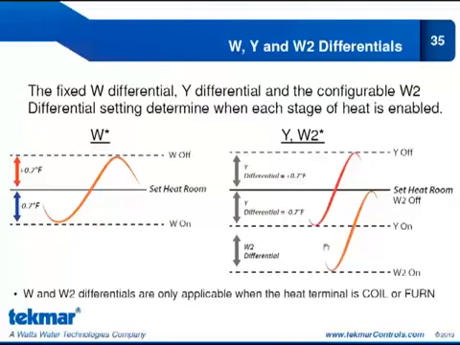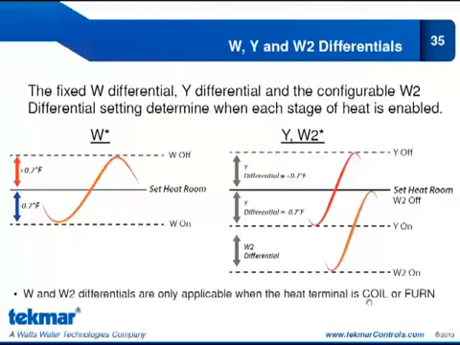Let's look at the other side. Your Y differential is also 1.4. 0.7 below the set heat room and 0.7 above the set heat room. So the Y differential is also a fixed differential for the heat pump. The W2 differential is configurable if your heat terminal is coil or furnace.